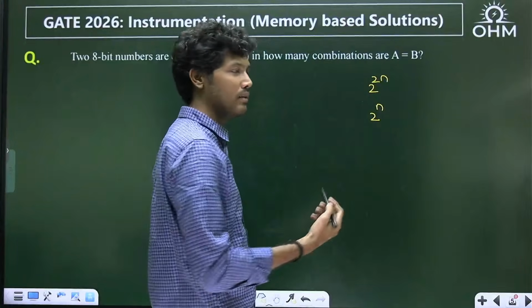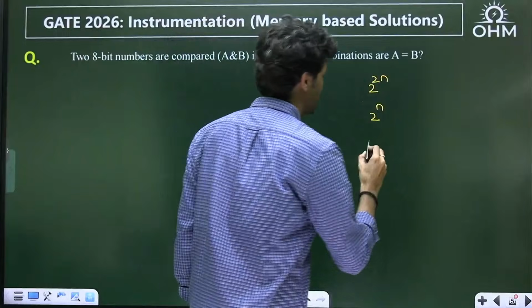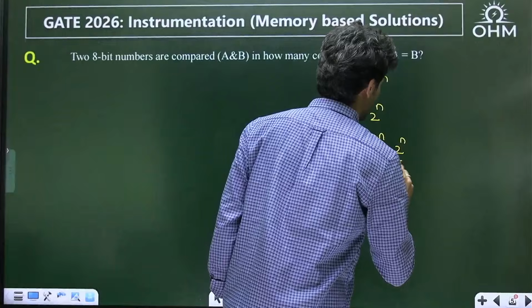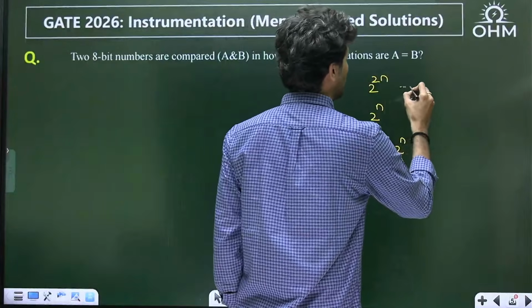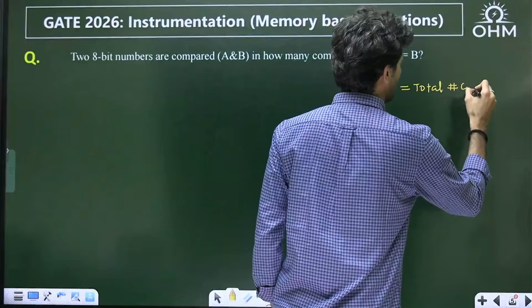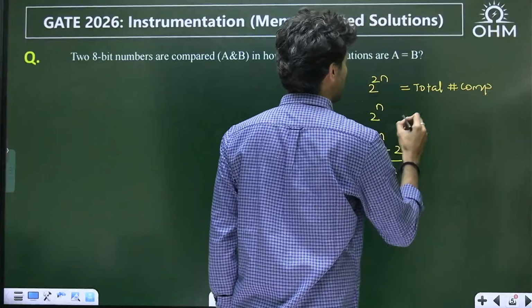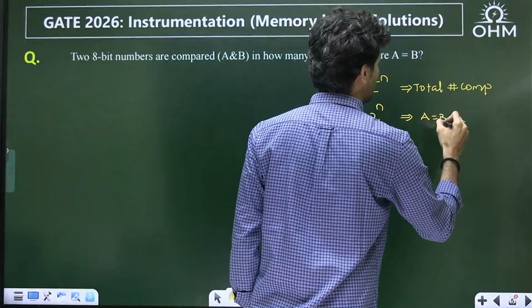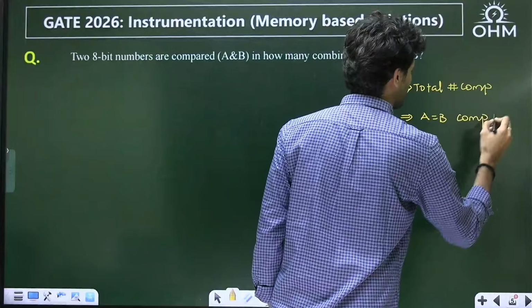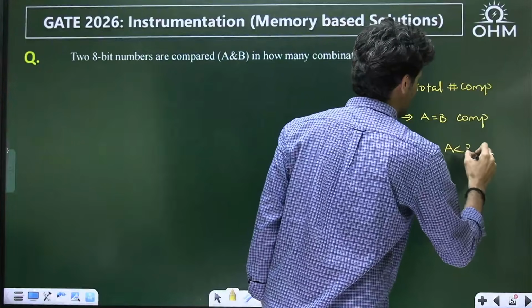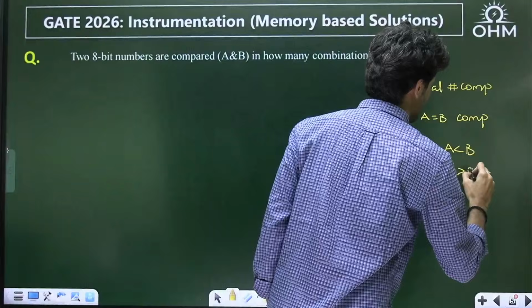And the third one is the difference of both by 2, which is (2 power 2n minus 2 power n) by 2. The first is the total number of comparisons. The second is for the case where we have A equal to B comparisons. And the third is for A less than B comparisons as well as A greater than B comparisons.